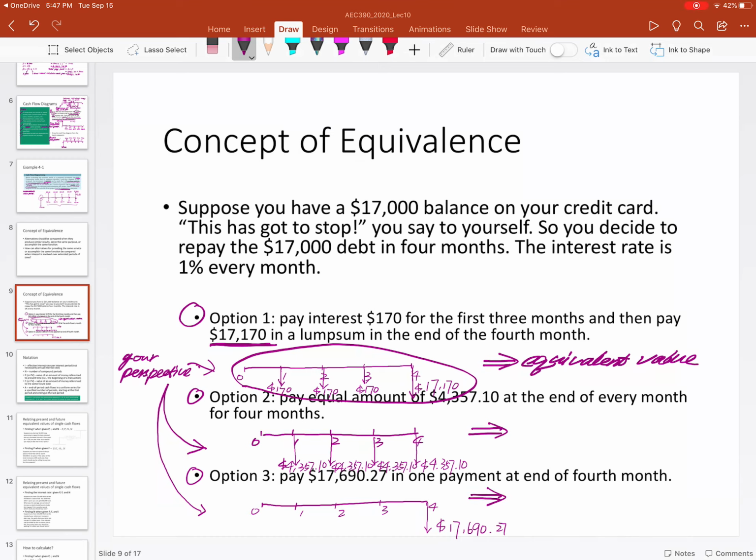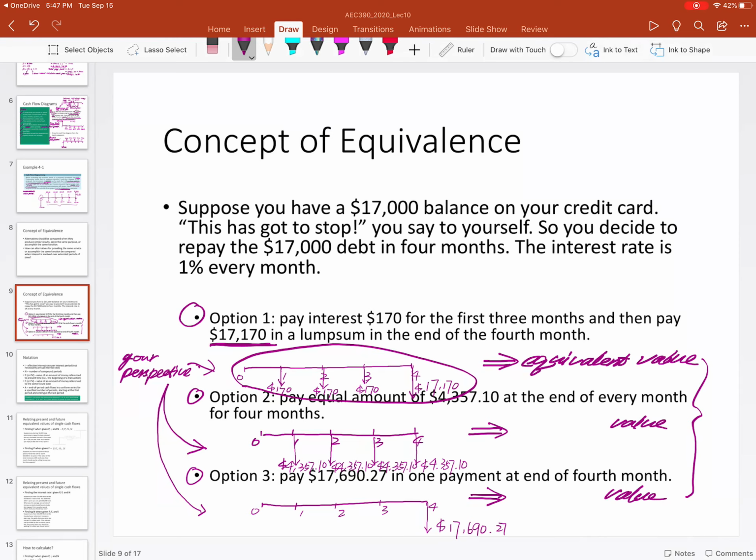And we convert each cash flow into that single value. They could be different, they could be the same, right? And then you just need to compare these 3 values. And then you can pick out the one option you like. Okay, that's why we need to learn the concept of equivalence, and that's how we compare different options.